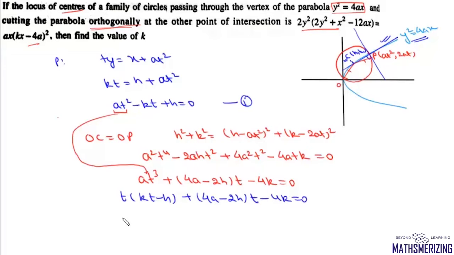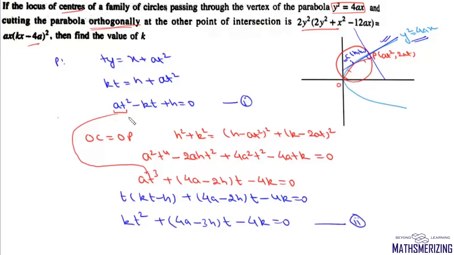So we can write this equation as kt square, minus h into t minus 2h into t, so we'll write it as 4a minus 3h into t minus 4k equals 0, and that's our second equation.